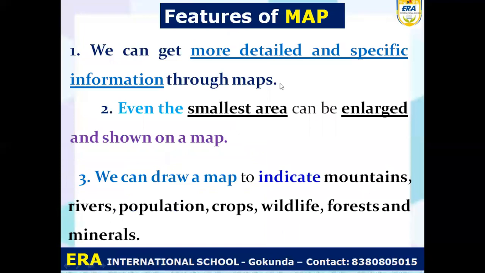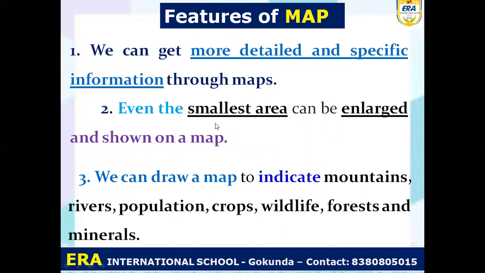So what are the features of the map? First feature is that we can get more detailed and specific information through the map. By using the map, we can get more detailed and specific information. This is the first feature. Second, even the smallest area can be enlarged as shown on the map. So we can create a large map even if the area is small.